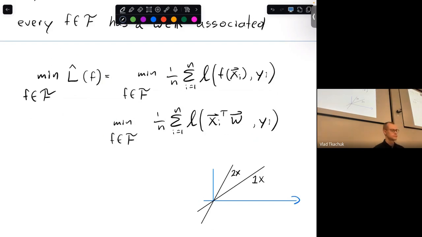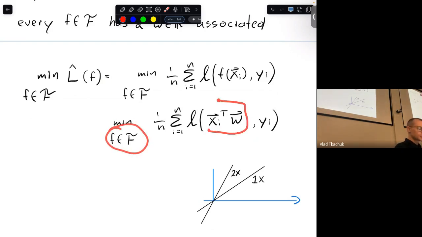That's what I know it looks like. And since every f has a one-to-one mapping to a w, instead of searching over f, I can search over all functions of this form, which means just searching over w vectors that are an element of R^d.